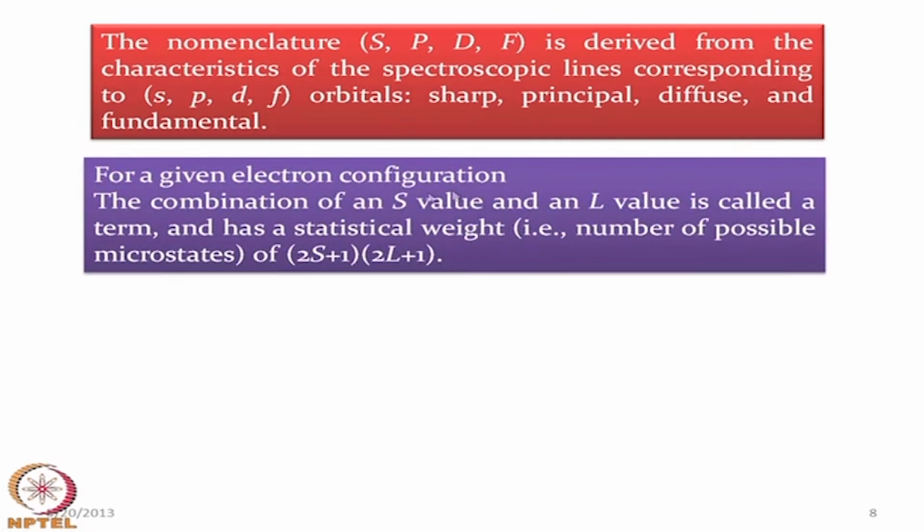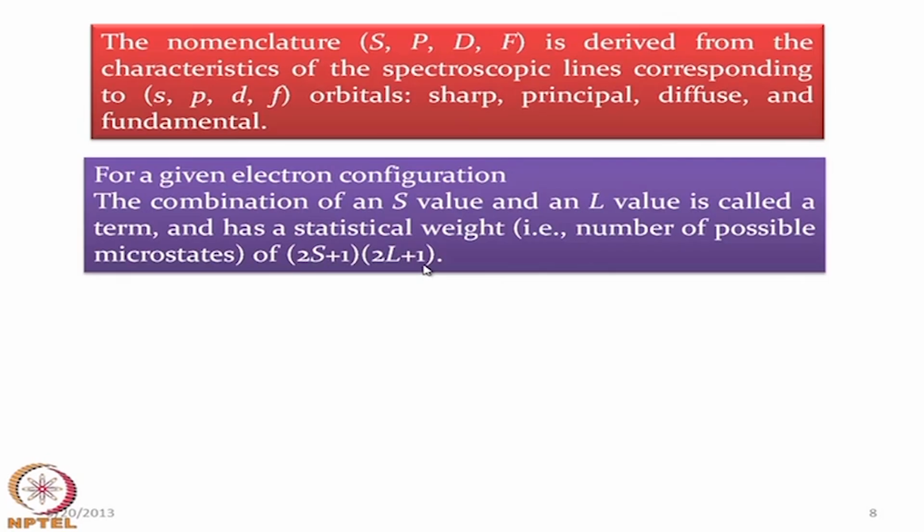So, for a given electronic configuration, the combination of an S value and an L value is called a term. A term has one particular S value and one particular L value, and it has a statistical weight, that is the number of possible microstates, given by 2S plus 1 into 2L plus 1.